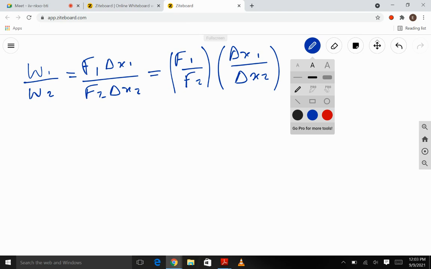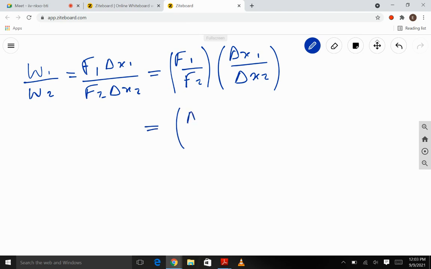For F1 over F2, you can check the working on top, we said A1 over A2, right? And then for the distances, remember when we were relating with the areas, we said it was A2 over A1. So you can check the working and realize that's what we got, right?